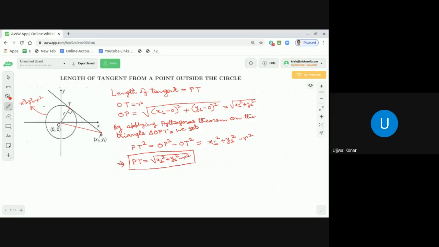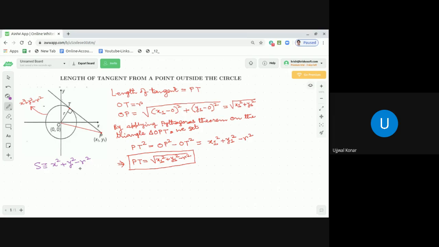Now, look into this expression: x1 square plus y1 square minus r square. To memorize it well, make the equation of the circle as x square plus y square minus r square equal to 0. So you just consider this expression that S is equivalent to x square plus y square minus r square.